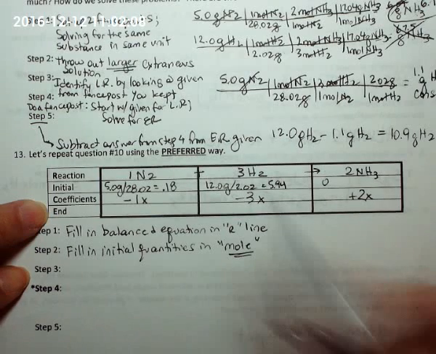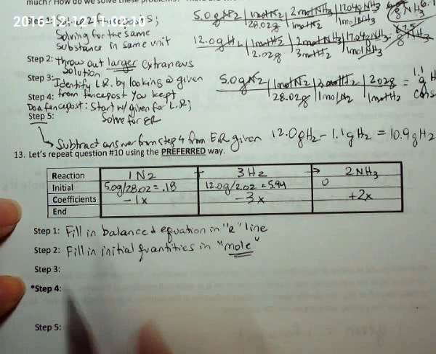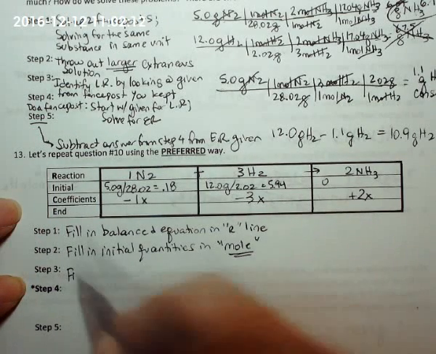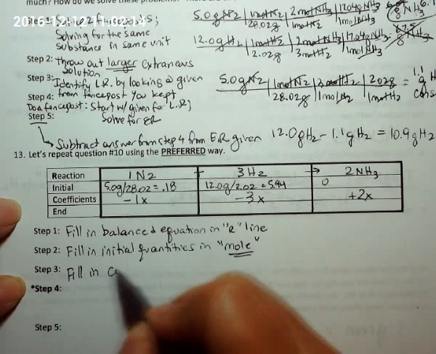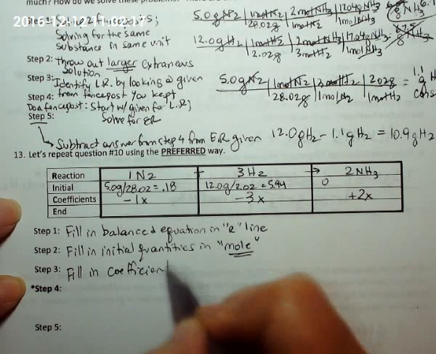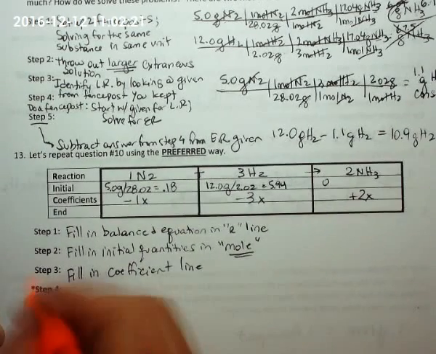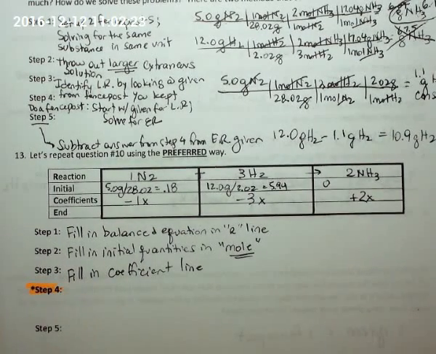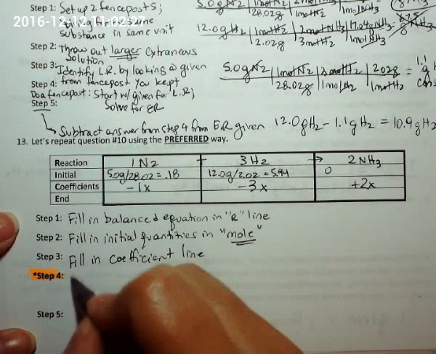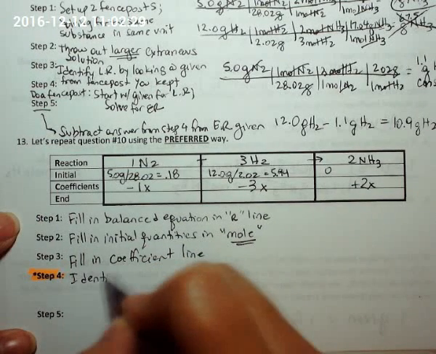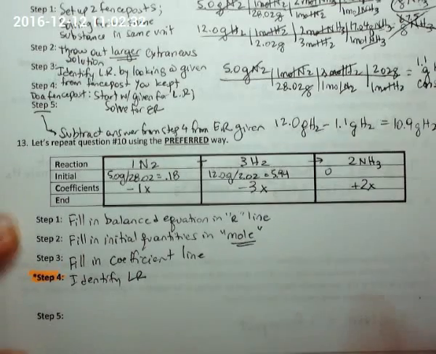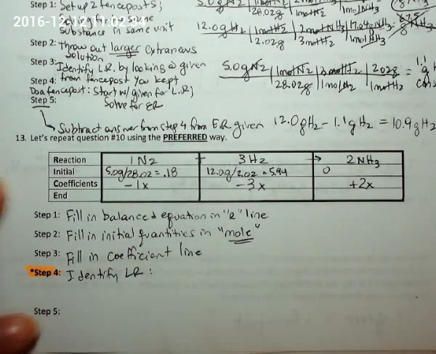All right? Step 4. This is the critical one. This is the one where people struggle with initially. All right? We have to identify the limiting reactant now. Okay. So this is what I'm going to do.